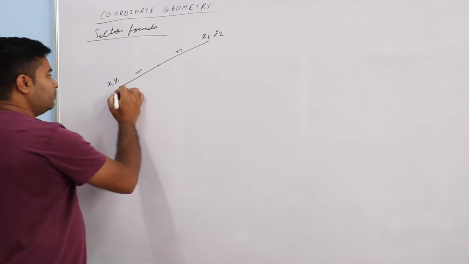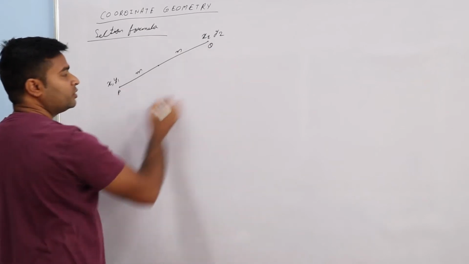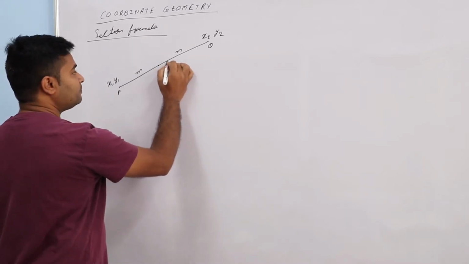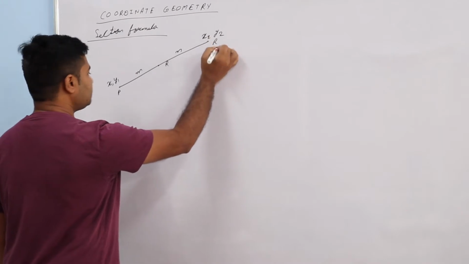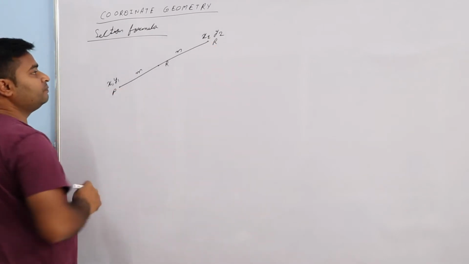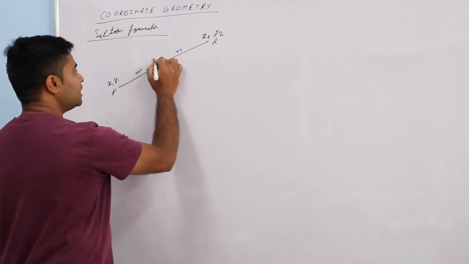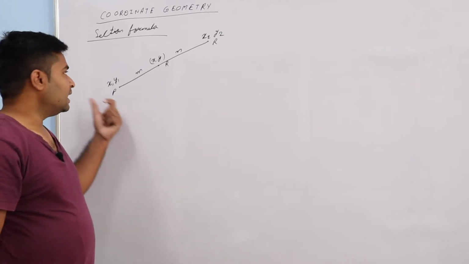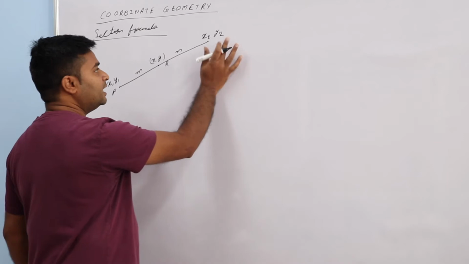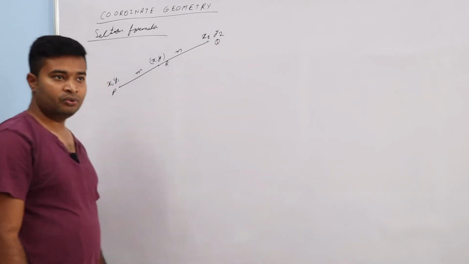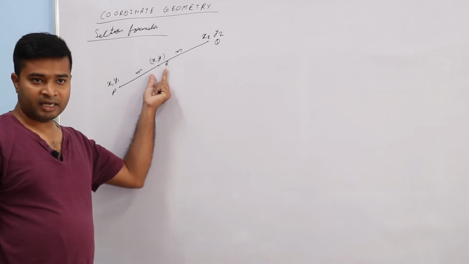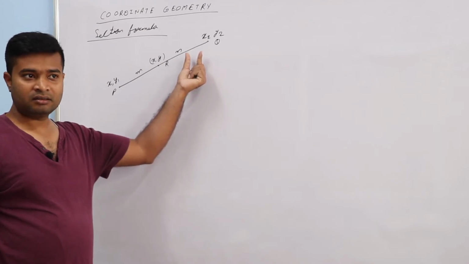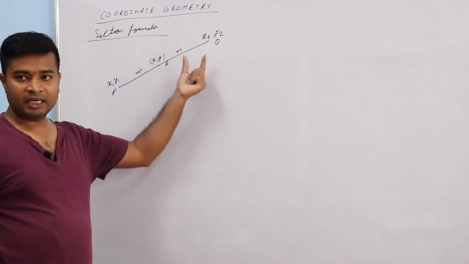Assume this point is P, this point is Q, and some other point is named R, whose coordinate is x comma y. Means a line PQ is divided by a point R in the ratio m is to n.